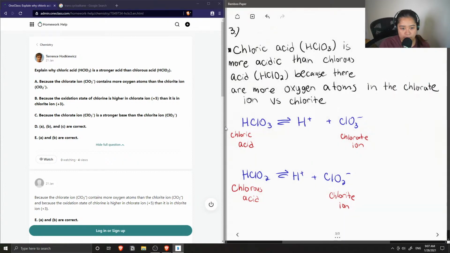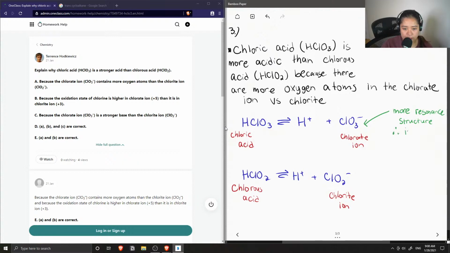So if we look at our chlorate ion, you'll notice that since it has that extra oxygen, we are able to form more resonance structures with the chlorate ion than we are with the chlorite ion.